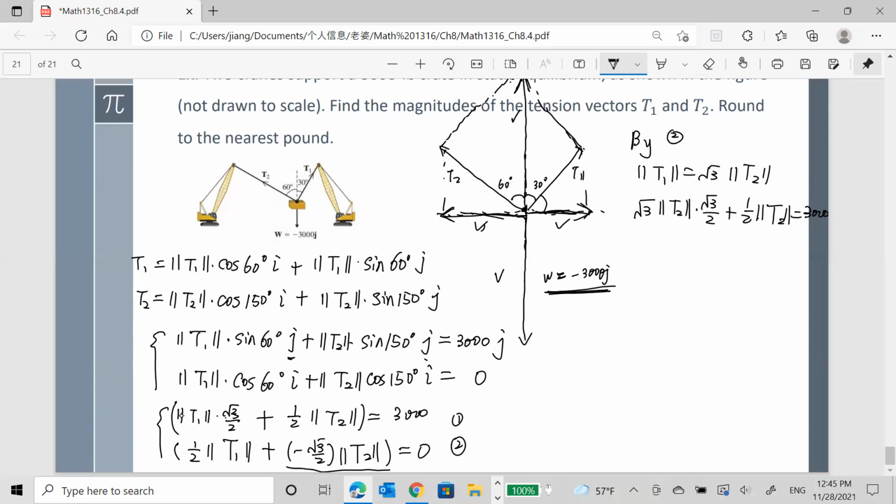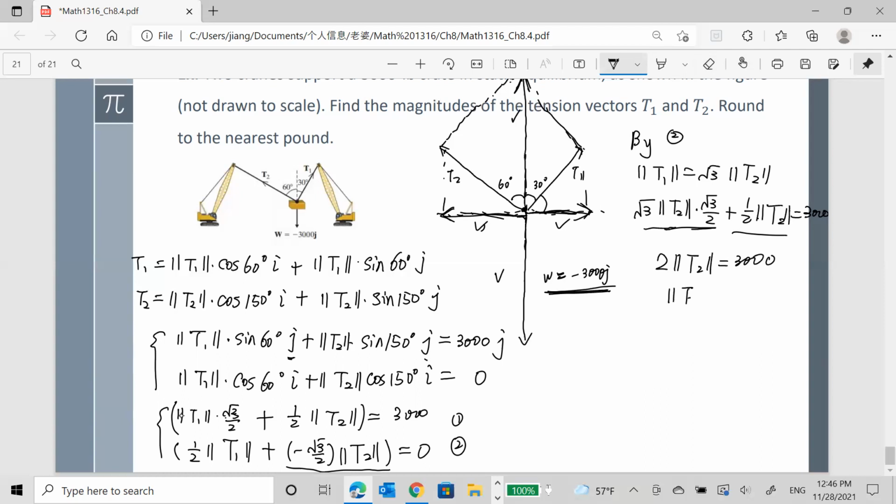And then we can add these two terms together. That's 1/2. Square root of 3 times square root of 3, that's 3. So 3 plus 1 is 4. 4 over 2 is 2. 2 times the magnitude of T2 is 3,000.